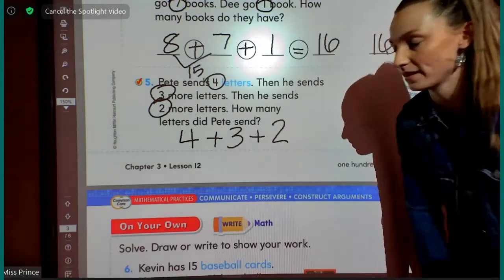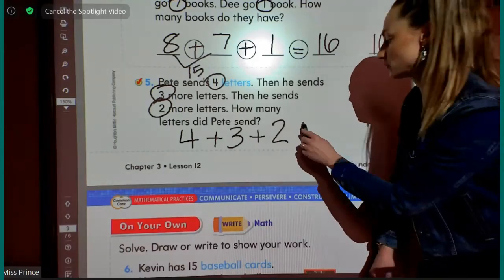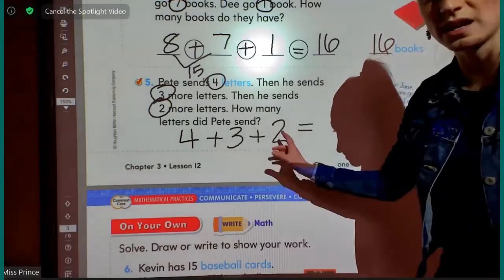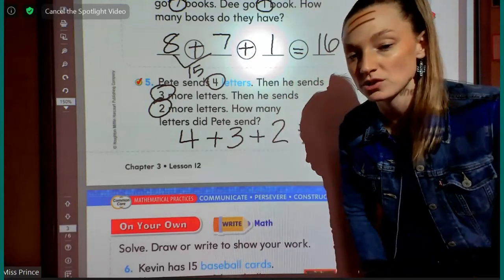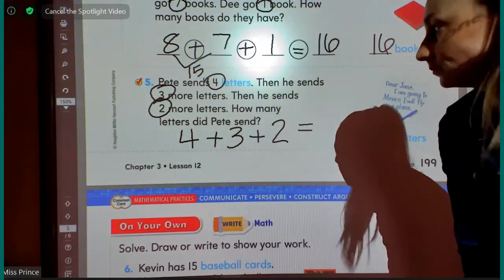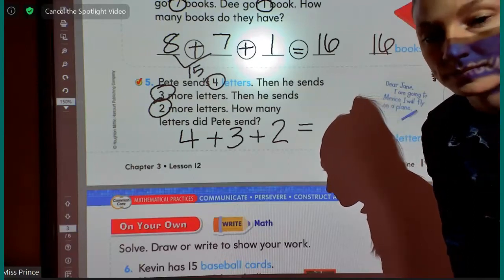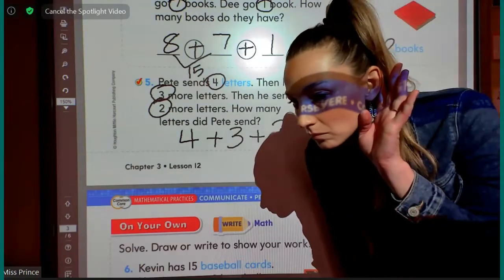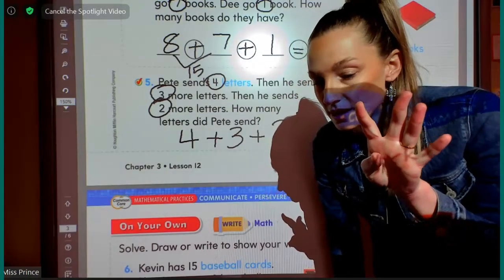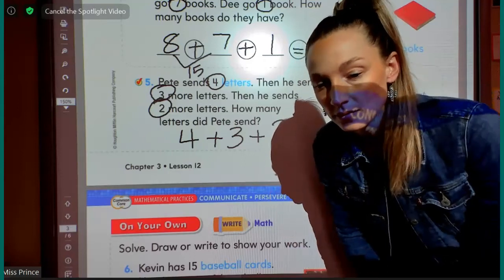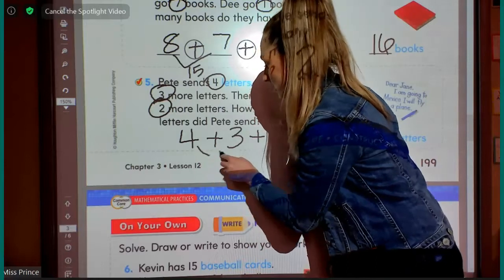Now what symbol do I write? Equals. Okay, Alakai, your job is to take 2 of these numbers, put them together, and tell me which 2 numbers you picked. 4 and 3. Do you know what 4 plus 3 is, Alakai?